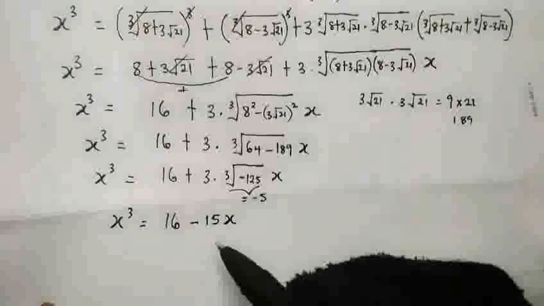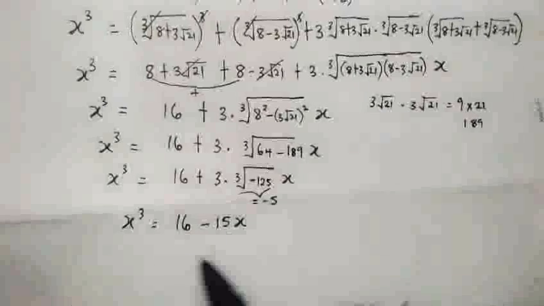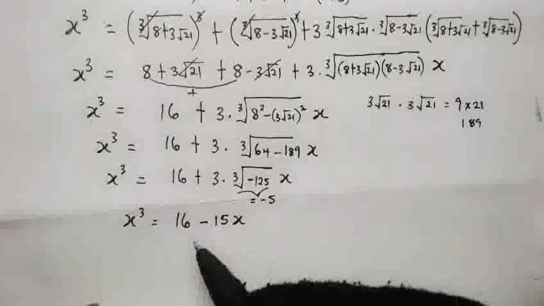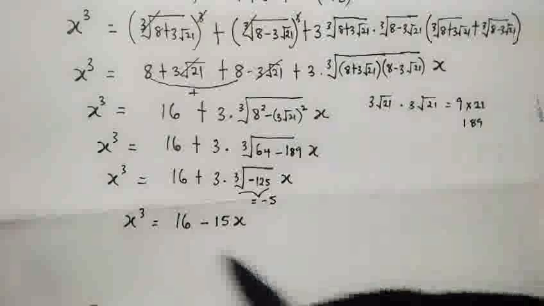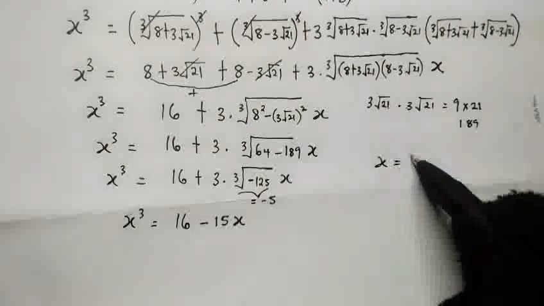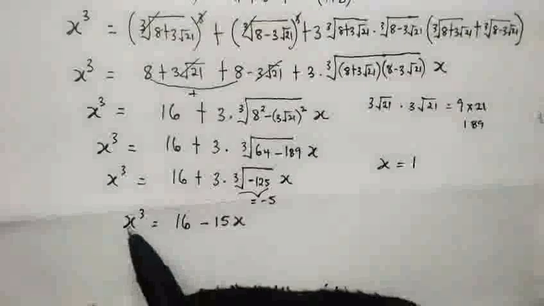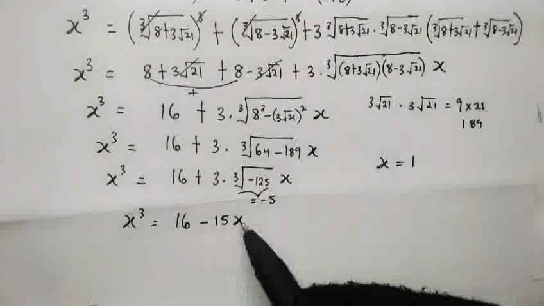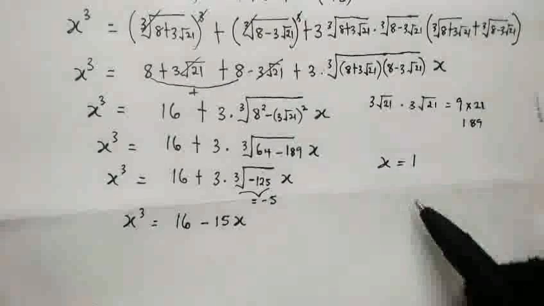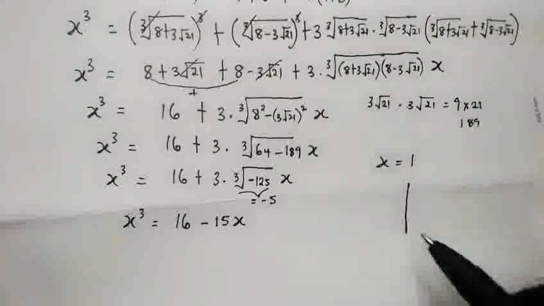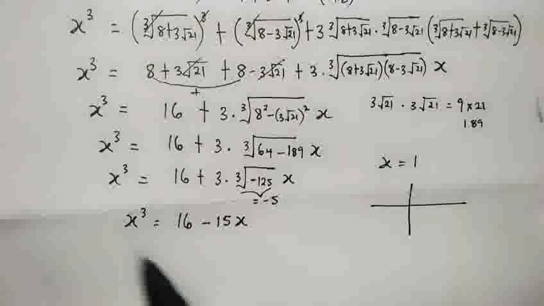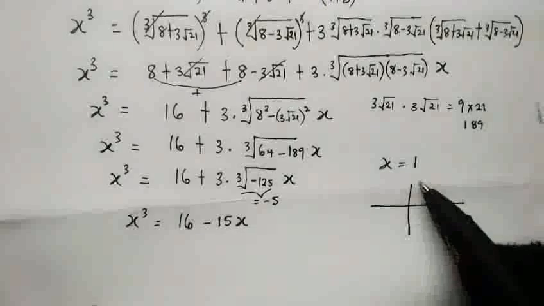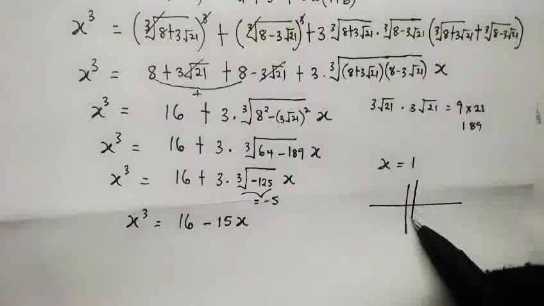So now we're going to solve for the value of x in this equation, right? But when looking at this equation, we will see our trivial solution here, that x is going to be equal to 1, because we know that 1 cubed is 1 and 16 minus 15 times 1 is 1. And moreover, the equation x cubed is equal to 16 minus 15x, if you graph it, this equation looks like this, exactly, right?